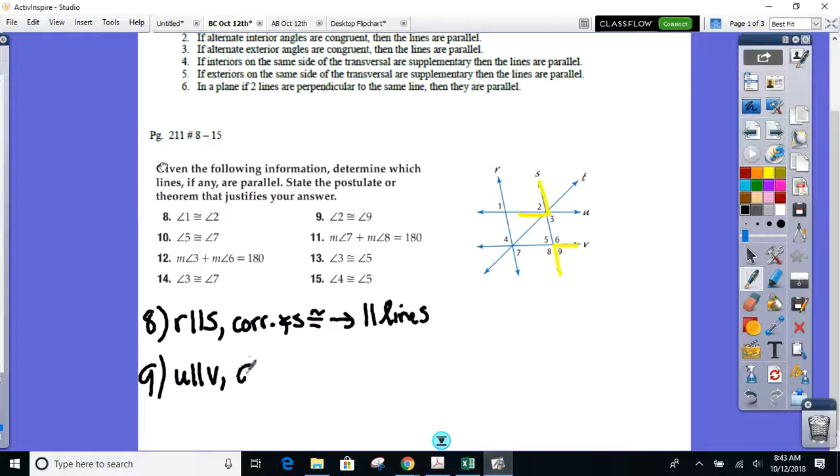Okay, so alternate exterior angles congruent imply parallel lines. Okay, I'm going to skip down because I'm going to let you do some of these on your own. I'm going to skip the 14 right now.